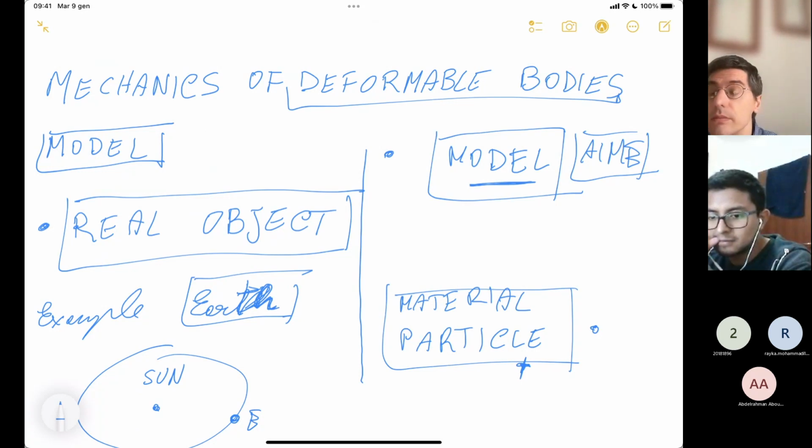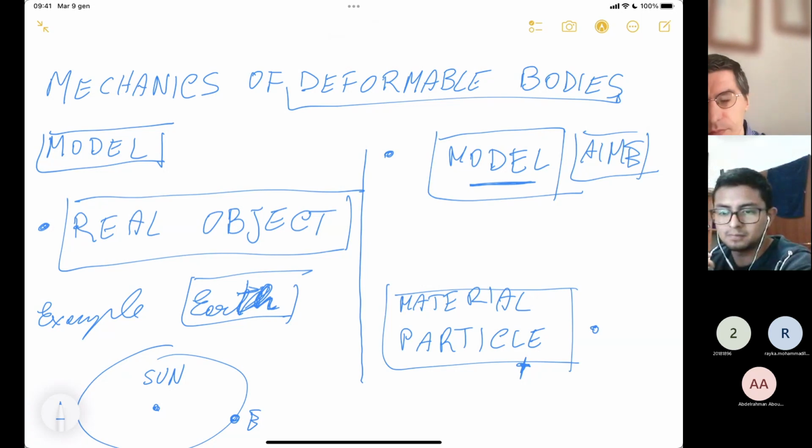Of course, this depends on what we want to describe. And with these models, we can understand what happens to our system before this really actually happens.